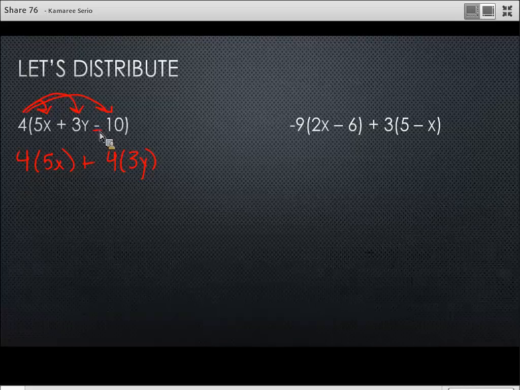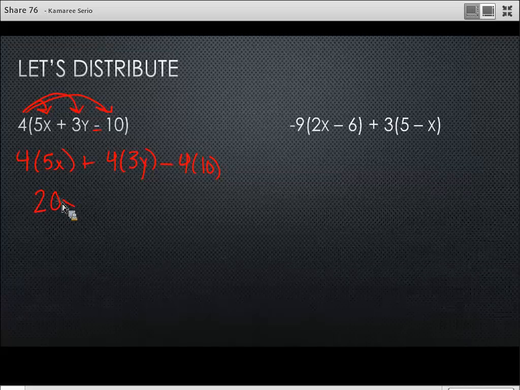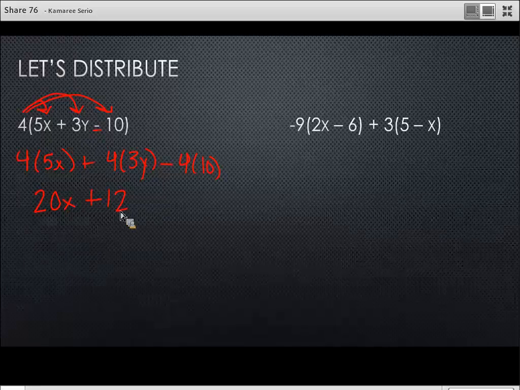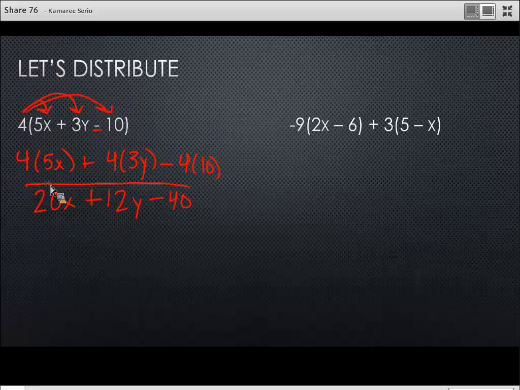Right, because there's a minus sign right here, so this would be minus 4 times 10. So 4 times 5 is 20, x, bring the variable along. 4 times 3 is 12, y, bring the variable along, minus 4 times 10 is 40.